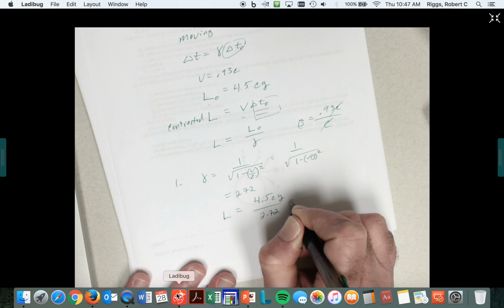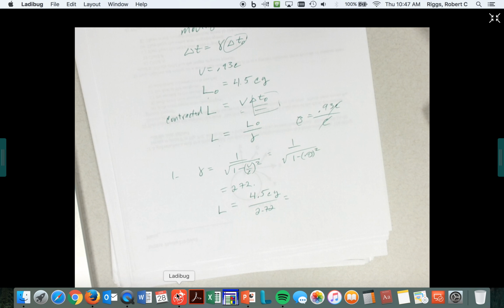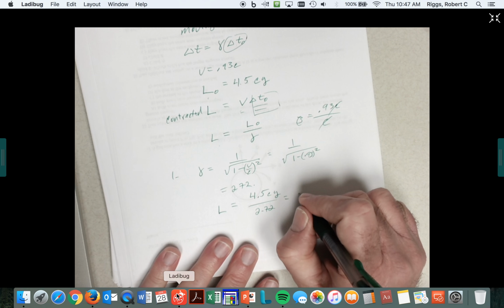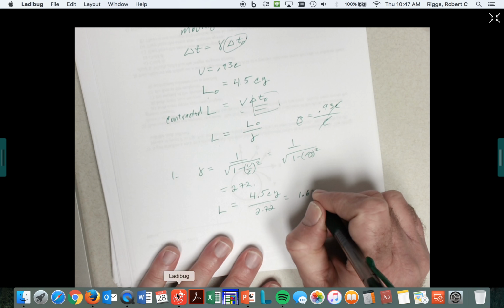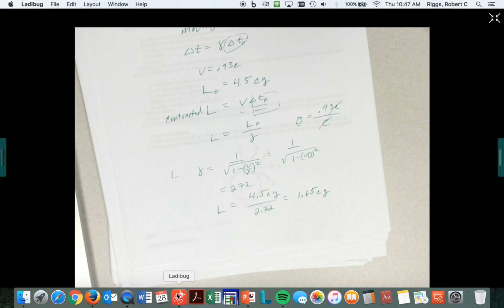Notice that gamma is unitless. When I do 1 over 2.72 times 4.5 light years, I get a contracted length of 1.65 light years. To me, traveling in the ship, it's only 1.65 light years to get there.